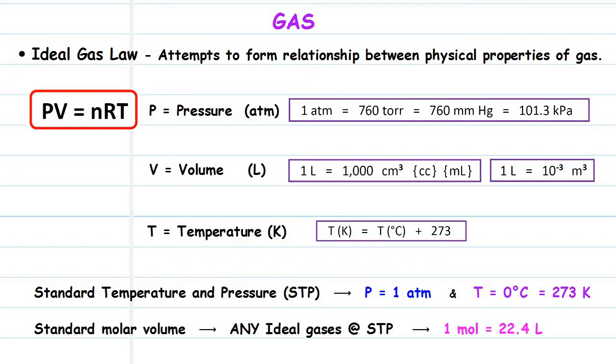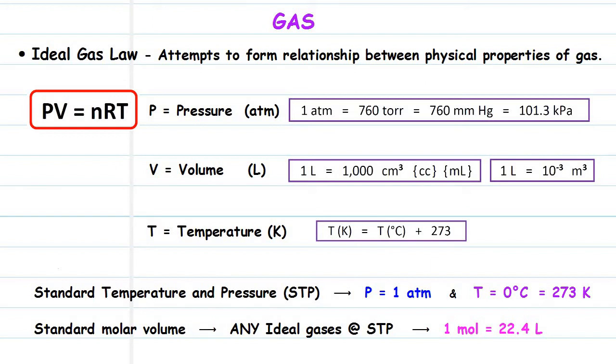There is also another piece of information that comes out of STP. We call it standard molar volume. Basically, at this condition, any ideal gas at STP, if you have 1 mole of that gas, it will occupy 22.4 liters. If you don't want to remember this, you can plug the information back into PV equal to nRT to get 1 mole equal to 22.4 liters.